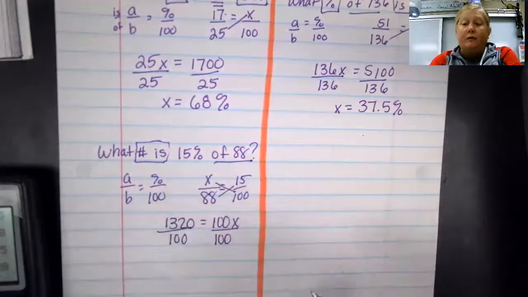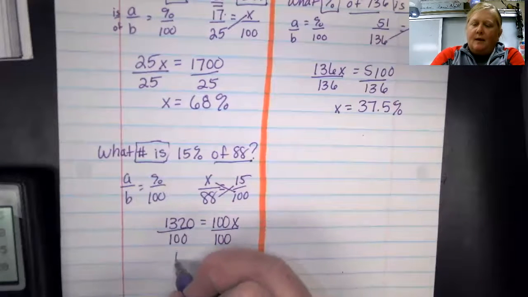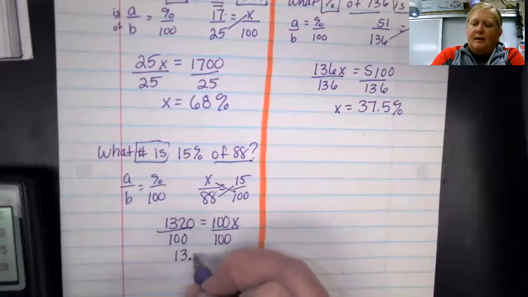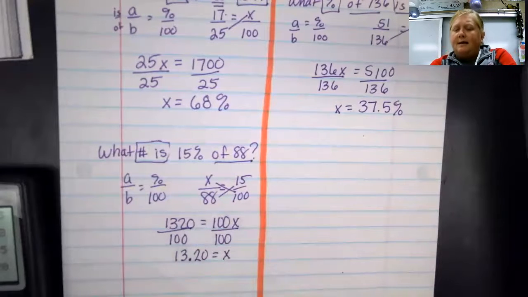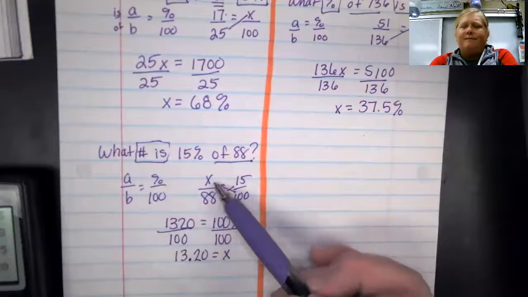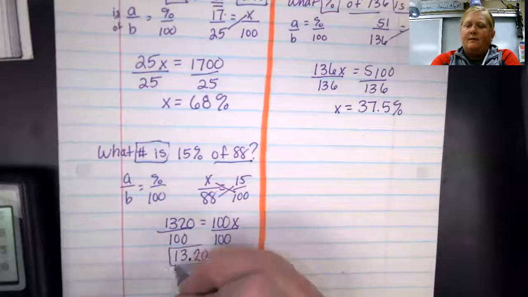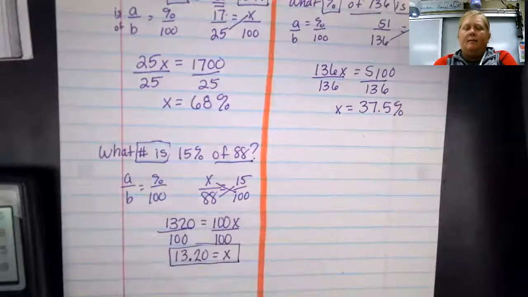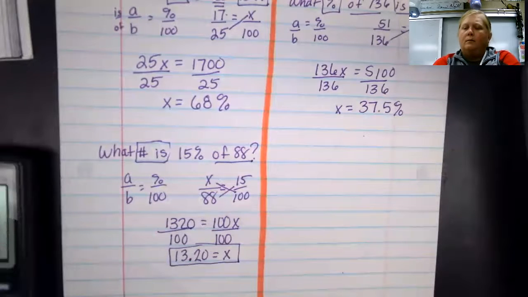That means I'm going to move the decimal place two spots. So that's 13.2 equals x. Now, wait a second. Do I put a percent? No, 13.2 is my answer for x.